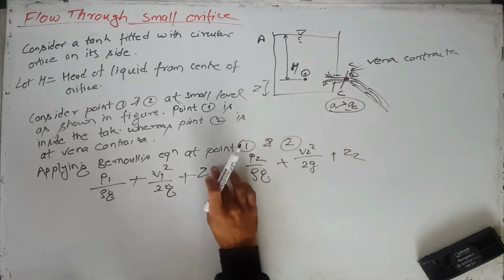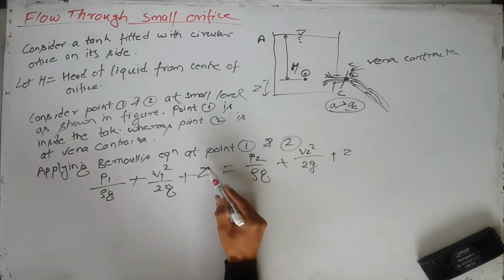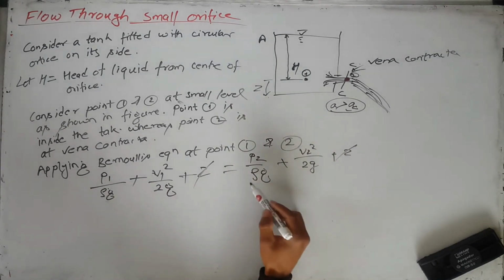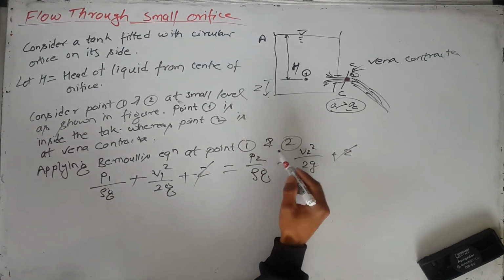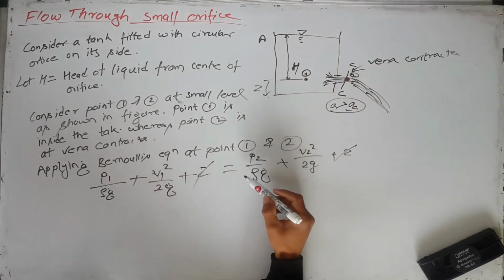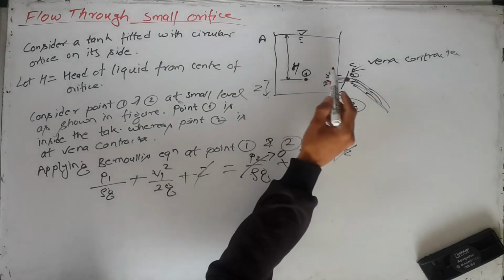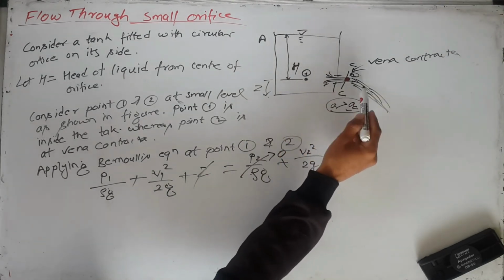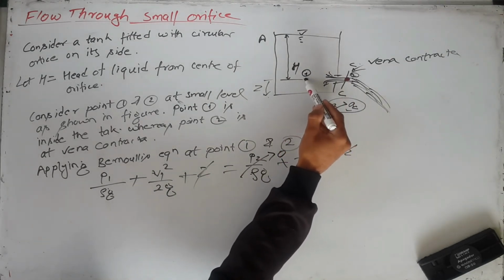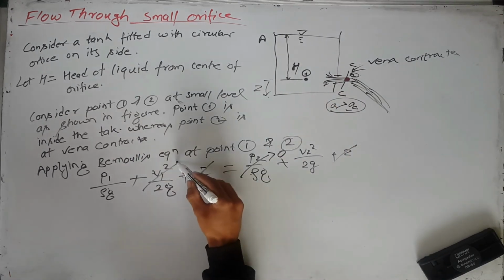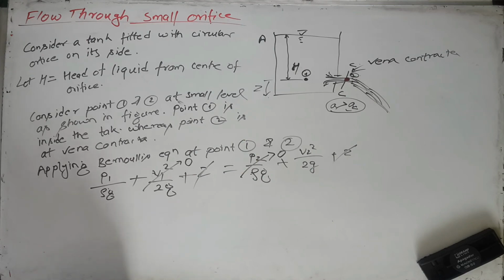Point 1 and point 2 are on the same level, so z1 equals z2 equals z. P2 is at atmosphere, so this is 0. When the liquid discharges from here, the velocity at this point remains almost same, so this V1 is 0, and this is 0, so we have only this P1.